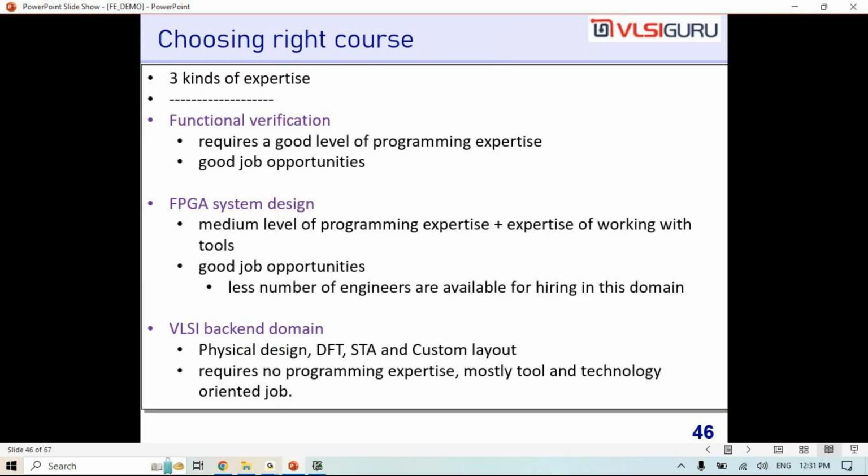Backend domain will involve physical design, DFT, STA, custom layout, requiring no programming expertise, mostly tool and technology oriented job. Clear, right?